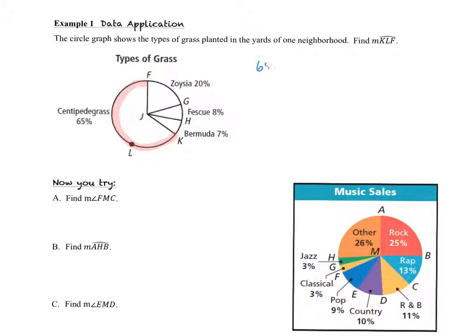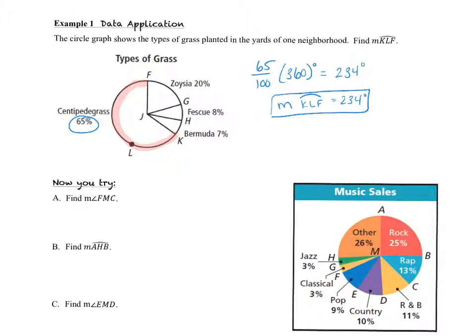So it's going to be 65 out of 100 times 360 degrees, so that we can see how many degrees just the arc is. When we calculate this, we get 234 degrees. So we would write the measure of arc KLF, see the arc symbol, is equal to 234 degrees.